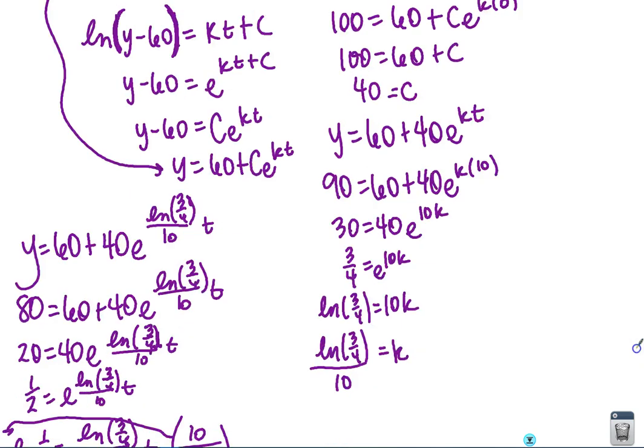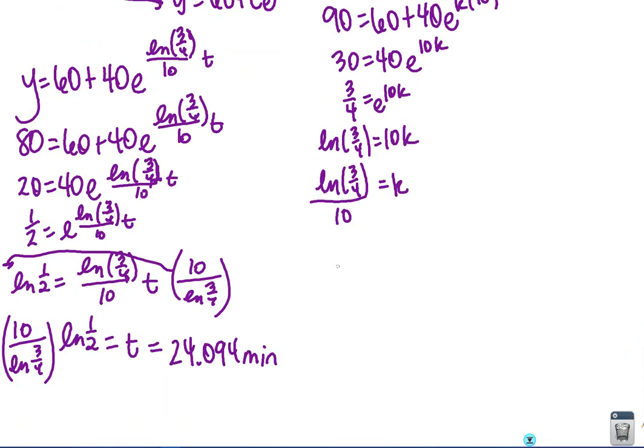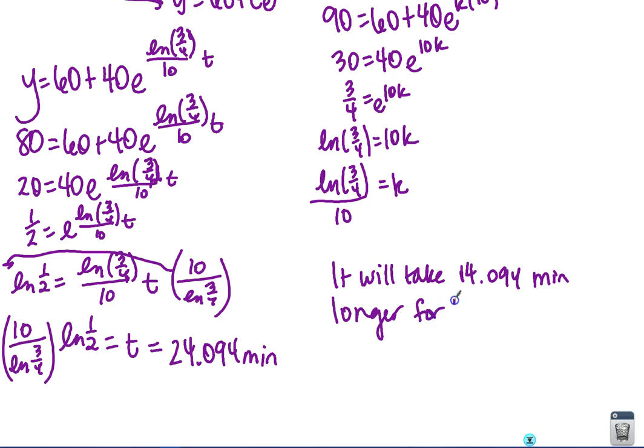Well, it's already taken us 10 minutes so far, so it will take roughly 14.094 minutes longer for the object to reach 80 degrees Fahrenheit. Okay. That is all of our notes for today on the applications of differential equations.